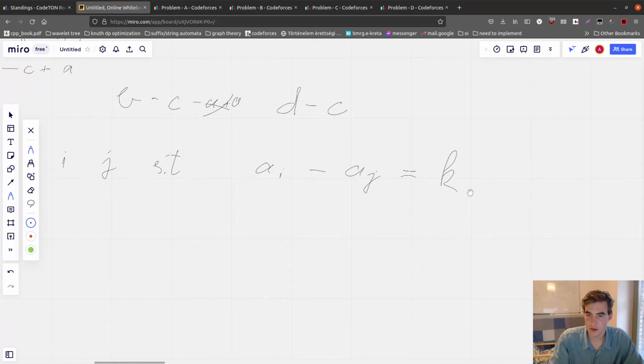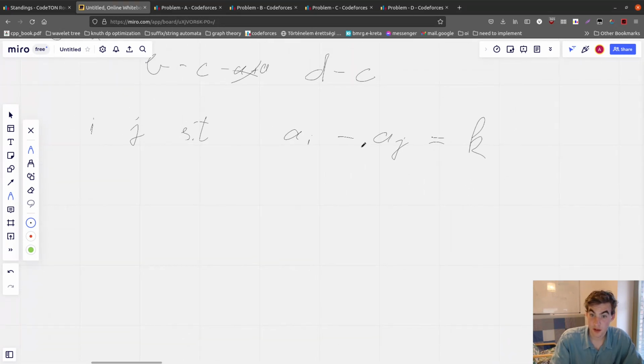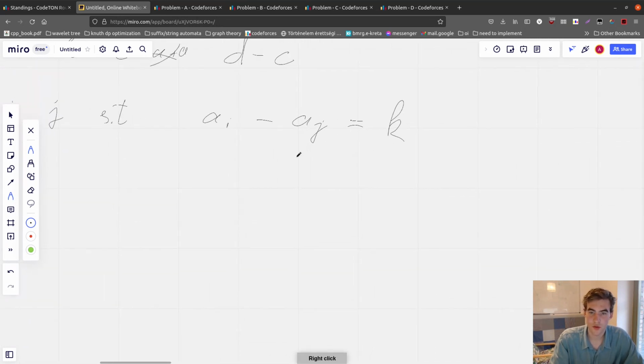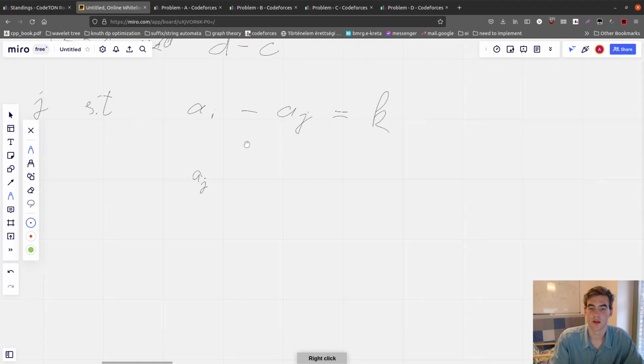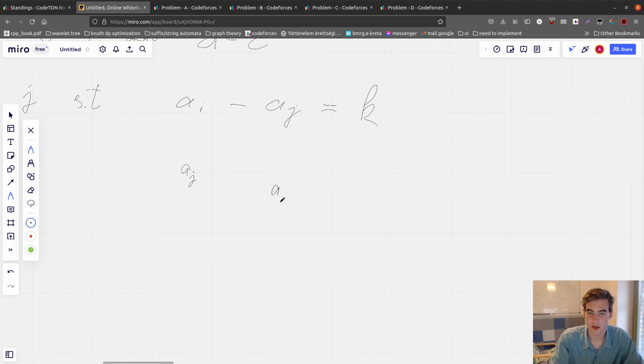The way we know this: if these two i and j exist, then all we do is remove all the elements besides i and j, and then at last remove aj. And the last element that we will have is ai minus aj.